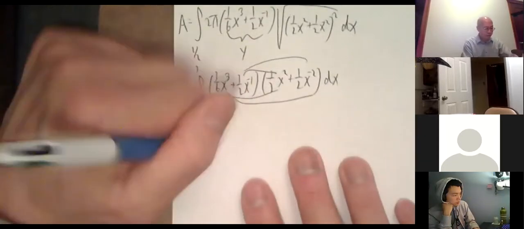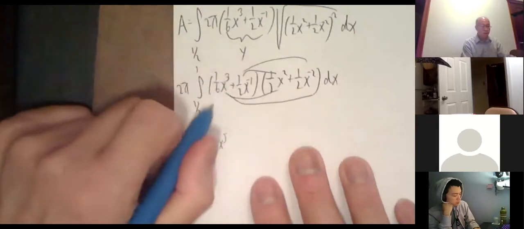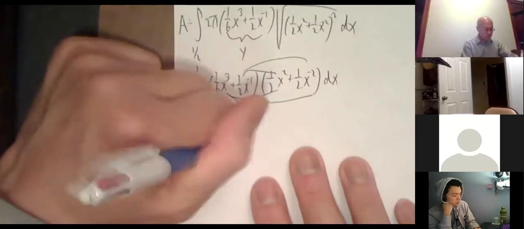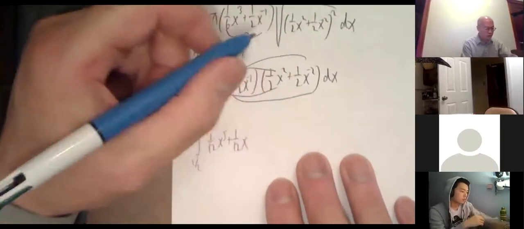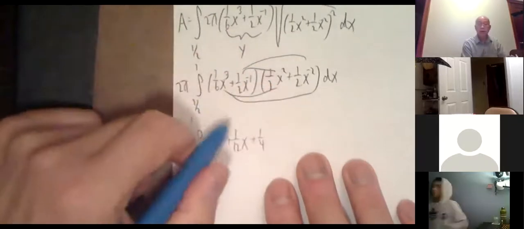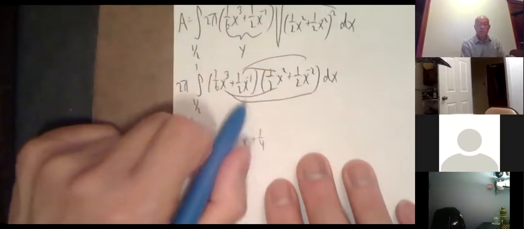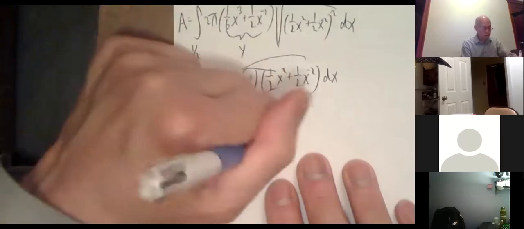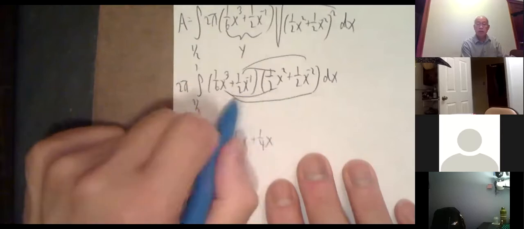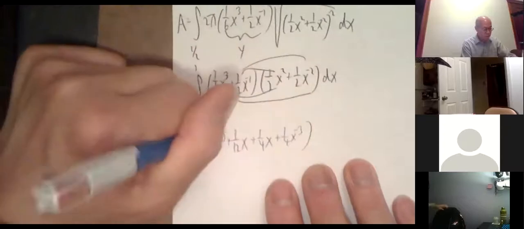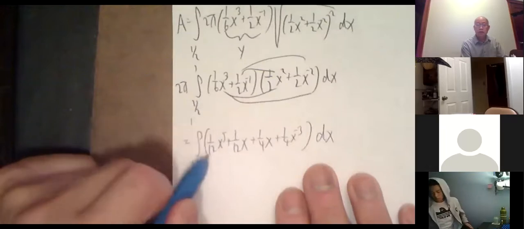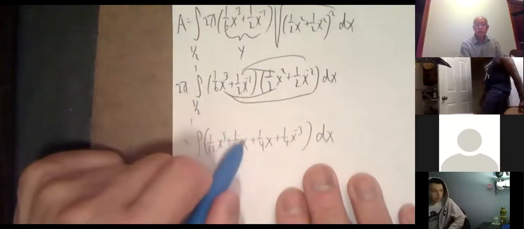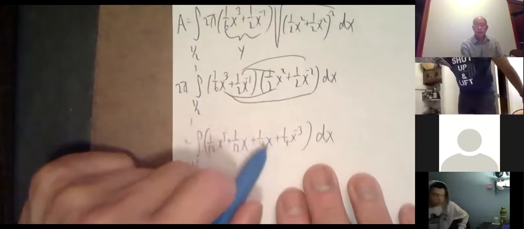Okay, 1/12 x to the 5th, 1/12 x. 1/2 times 1/2 is 1/4, 1/4 x, and minus 3. So let me double check. 1/12 x to the 5th, 1/12 x to the 1, 1/4 x to the 1, 1/4 x to the -3.